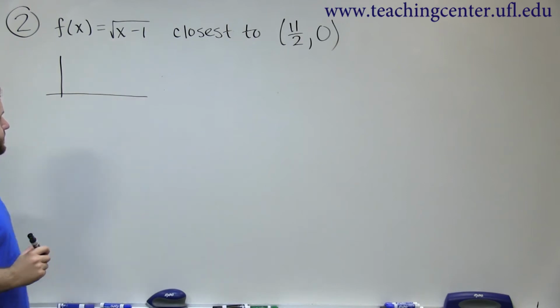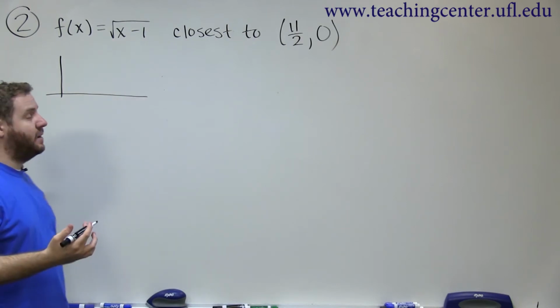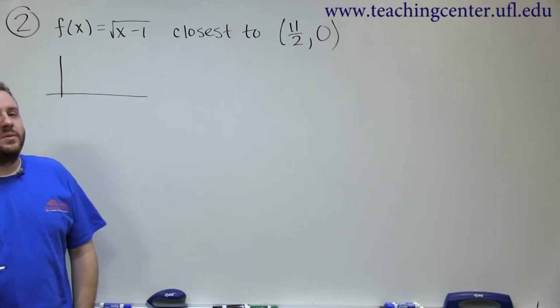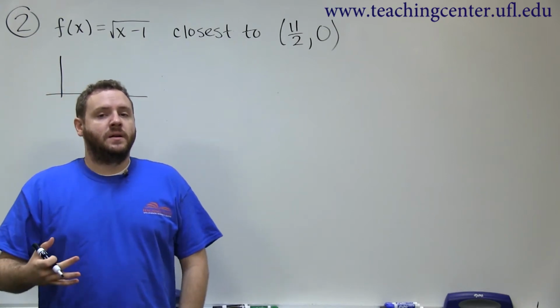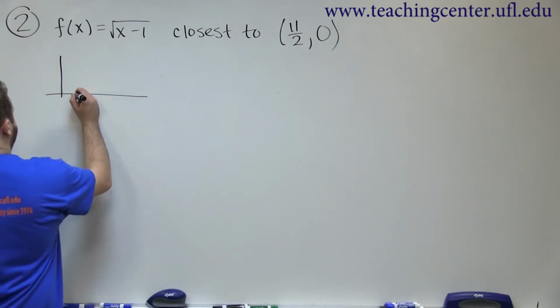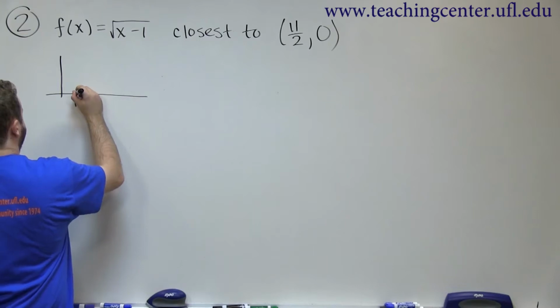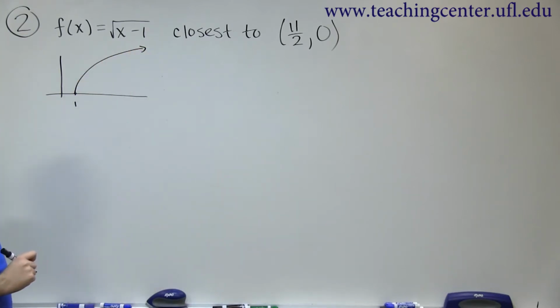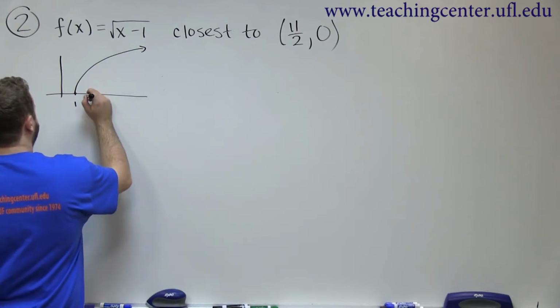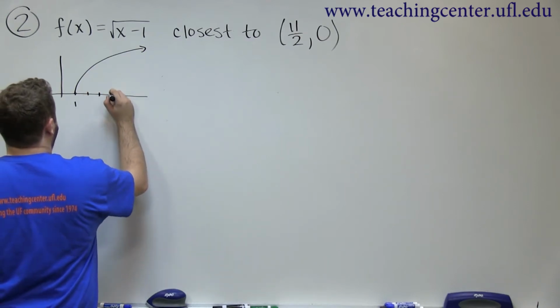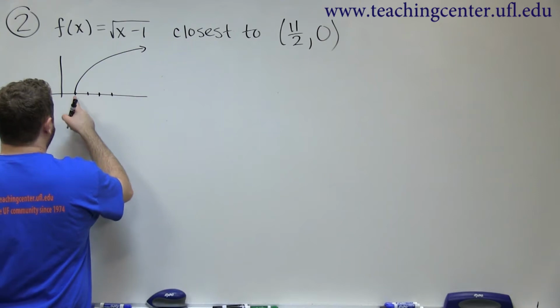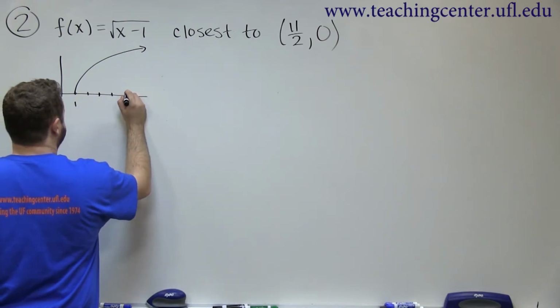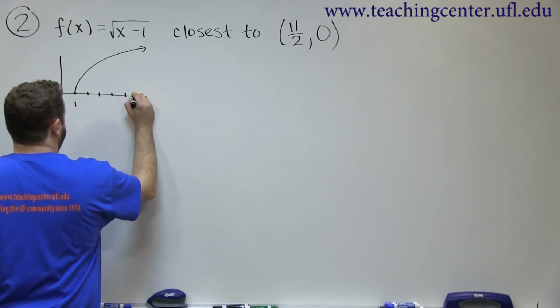Square root of x minus 1 is the parent function f of x equals square root of x shifted to the right by 1. So this starts here at the point 1, 0, and goes over to the right like that as a square root graph. And we have the point 11 halves, 0, which is 5.5, which is right here.